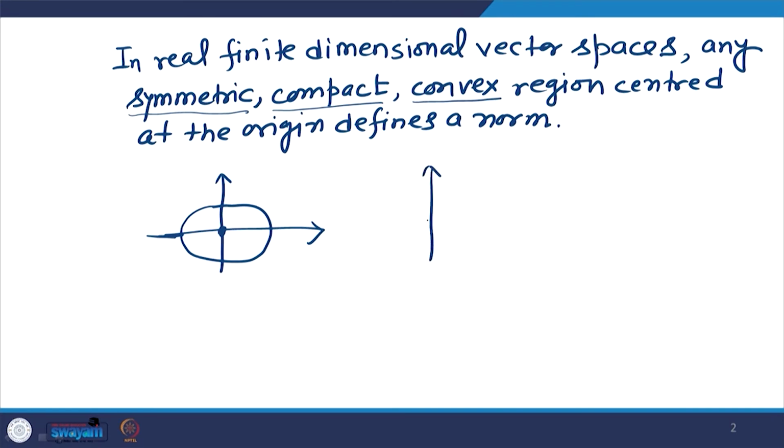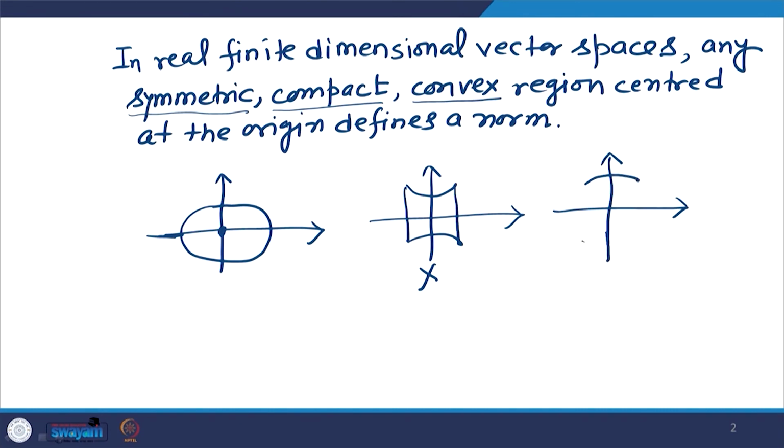Furthermore, if you take something like this, this region is not a convex region, so it will not give you a norm. But if you are having a region like this, then it is a convex region, centered at the origin and symmetric about all the axes.